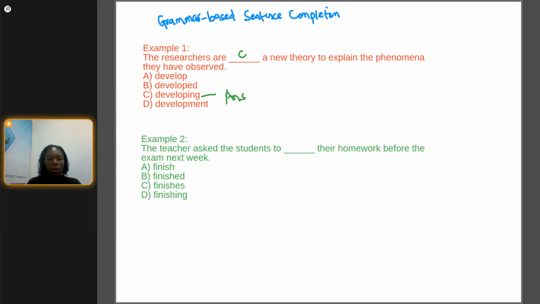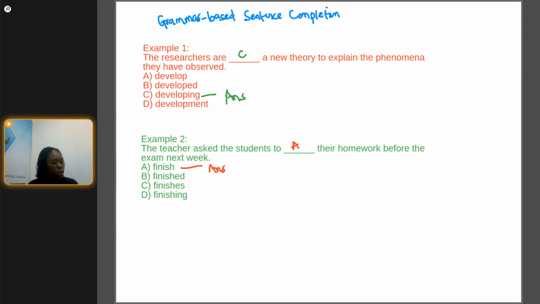So again, when you talk about grammar, there's a lot you need to understand: your tenses, the infinitive, and some other things. When you have the infinitive to, you need to complete it with the base form of the verb. So option A is our answer: the teacher asked the student to finish their homework before the exam next week.